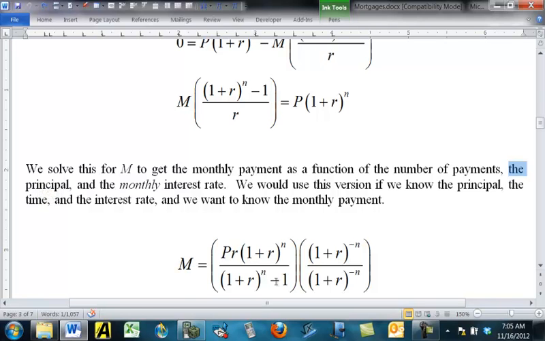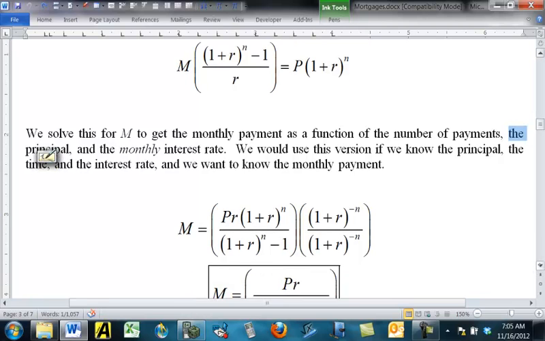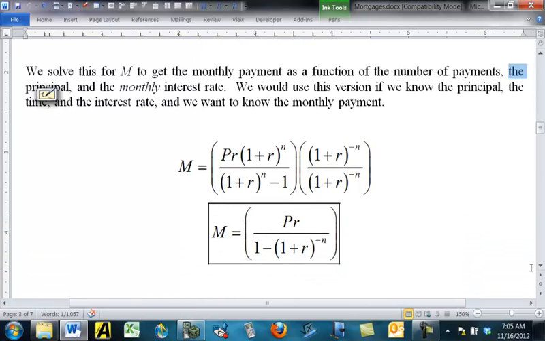And since I've got a 1 plus R to the n in the top and the bottom, I'm going to multiply top and bottom by 1 plus R to the minus n and clean the formula up just a little bit. So that'll cancel out the 1 plus R to the n in the top, leaving me just PR in the top. And the bottom, that'll be 1 minus 1 plus R to the minus n.